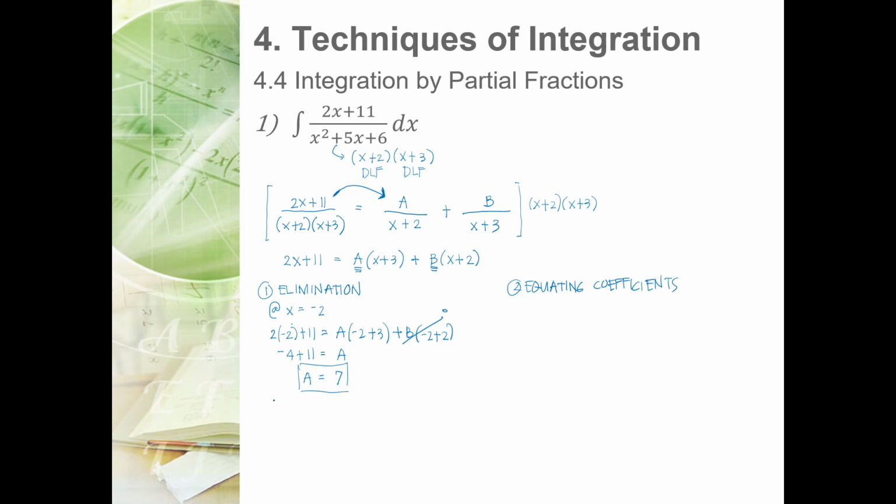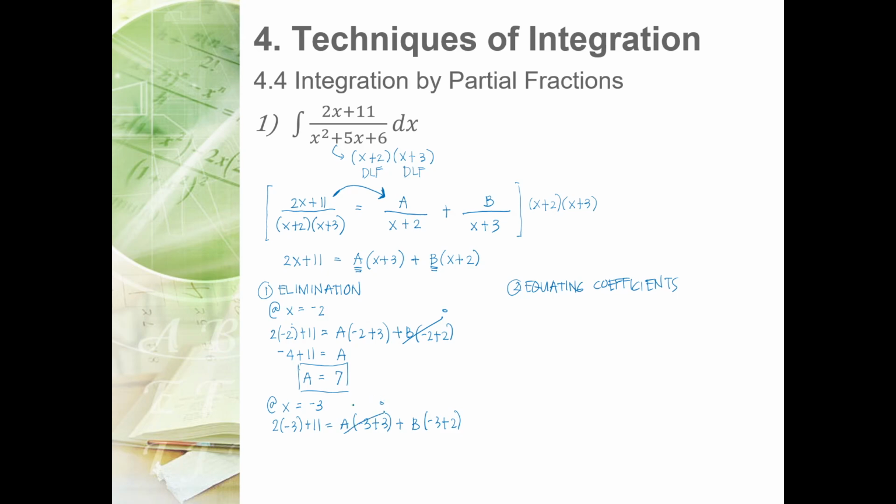To get b, you have to set another value of x to eliminate a, and in this case that would be -3. So you're going to have 2 times -3 plus 11 equals a times -3 plus 3, plus b times -3 plus 2.